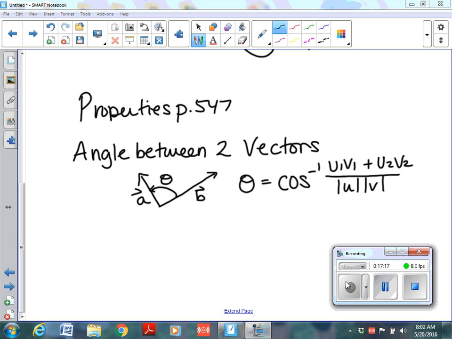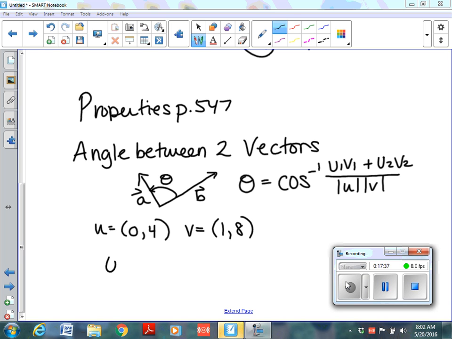Okay, I didn't, but I'm just going to try to make one up. Vector u is 0, 4, and vector v is 1, 8.